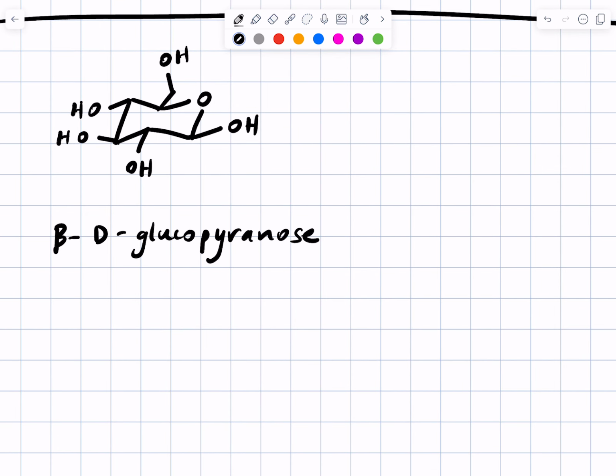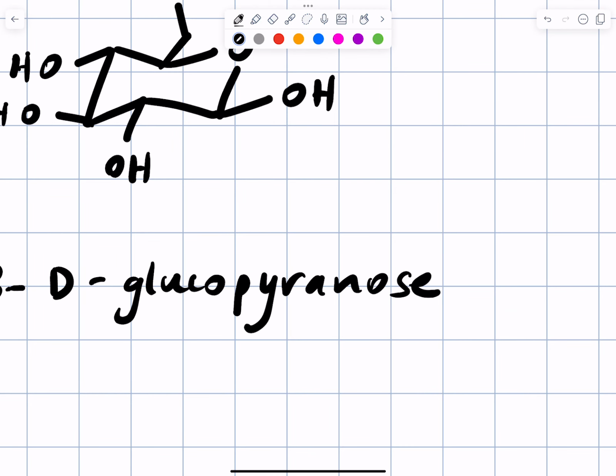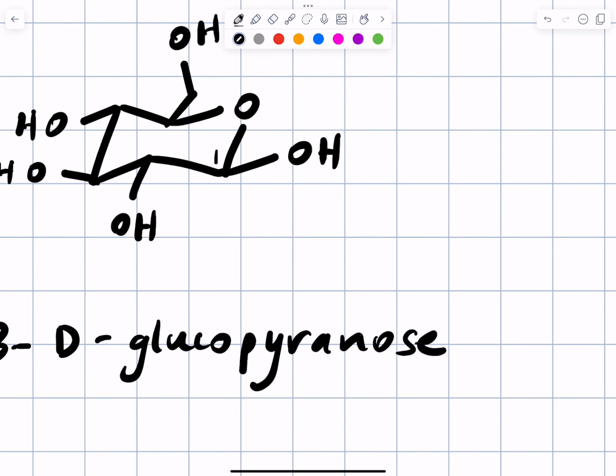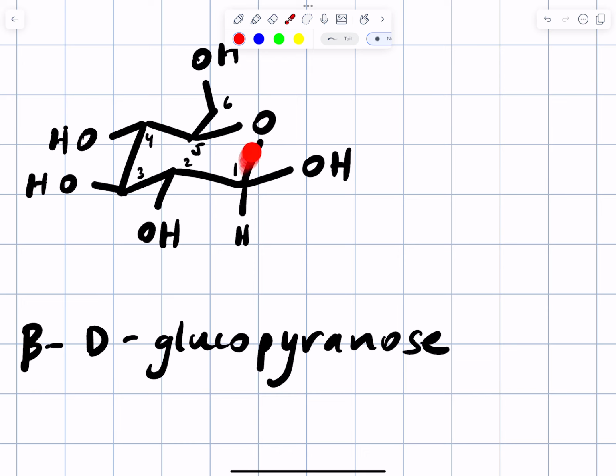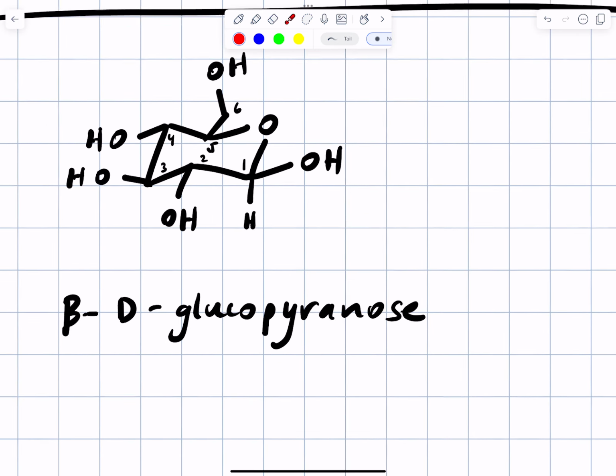I'm going to number the atoms, starting with the hemiacetal carbon, which is this one, the one that's bonded to two oxygens, and one of them is an OH. This is 2, 3, 4, 5, and 6. Notice that 6 is not part of the ring. Notice that an oxygen on 5 forms the hemiacetal with carbon number 1.